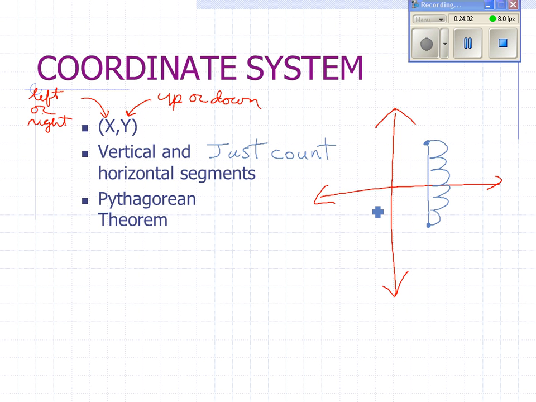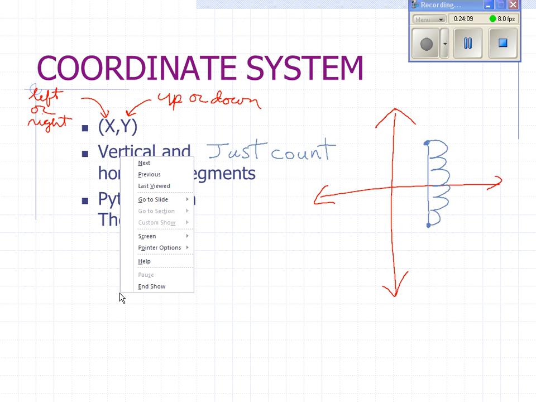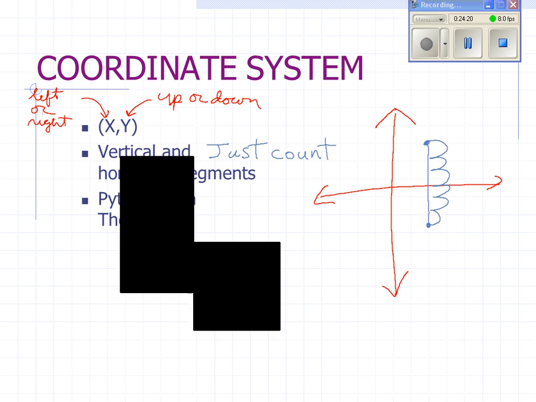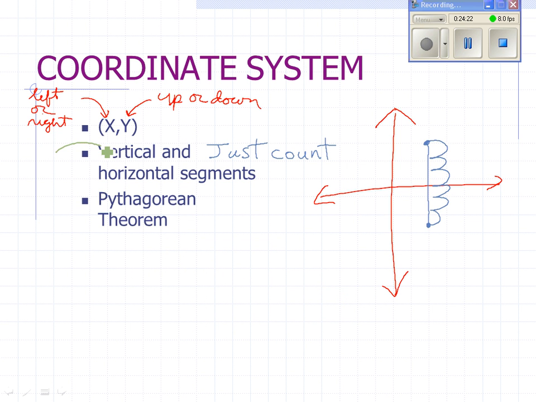So you just count if it's vertical or horizontal. If it's vertical, then you're going straight up and down. Your x's are always going to be the same.